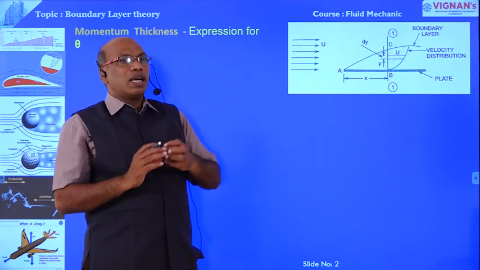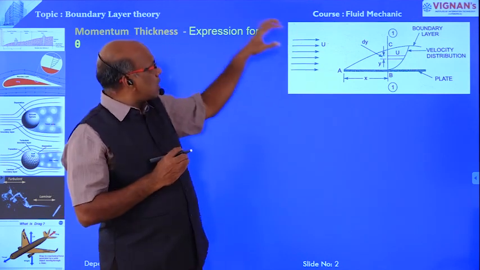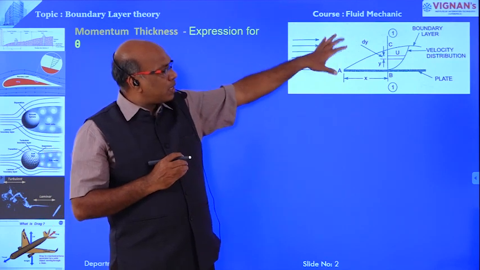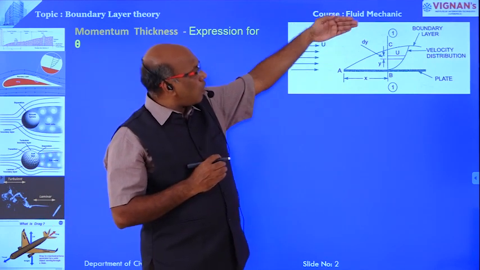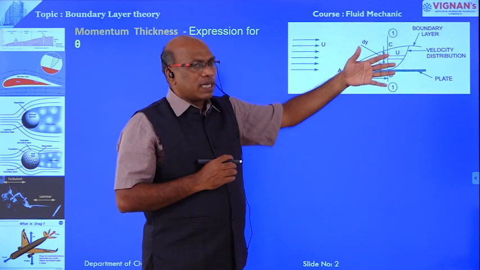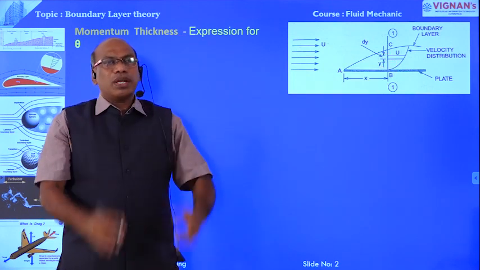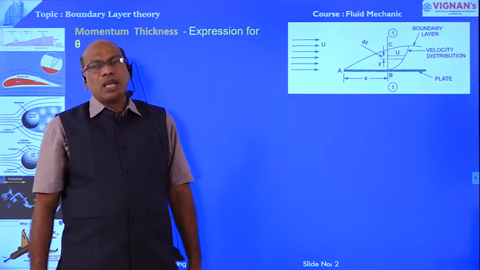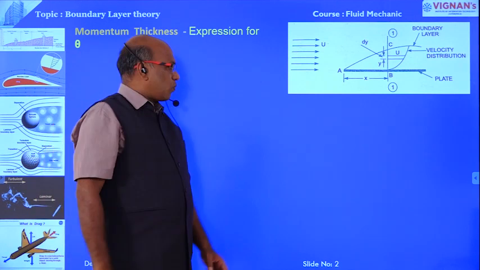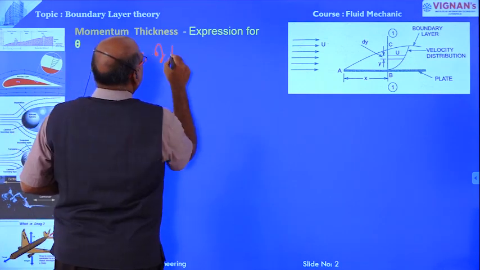Equating the difference in momentum due to the presence and absence of the boundary layer with the shifting of the boundary layer by a distance theta, we get the equation for the momentum thickness. First one, presence of boundary layer.